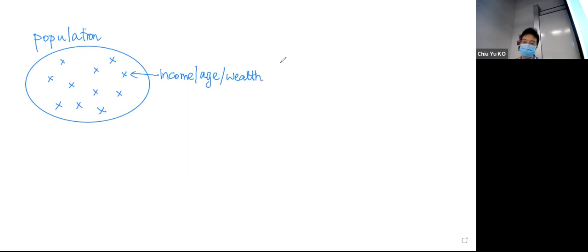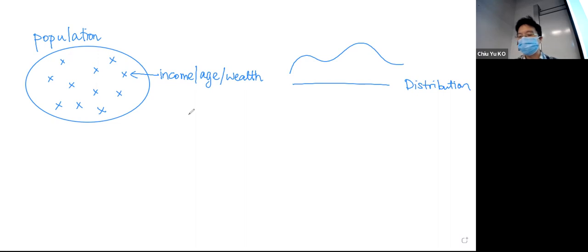You care about many things. The nicest thing you can imagine is that you have the distribution of this. You can draw a histogram, you can do whatever you like. Basically, you have everything there. Having every data is the dream, but usually you really can't have that luxury.